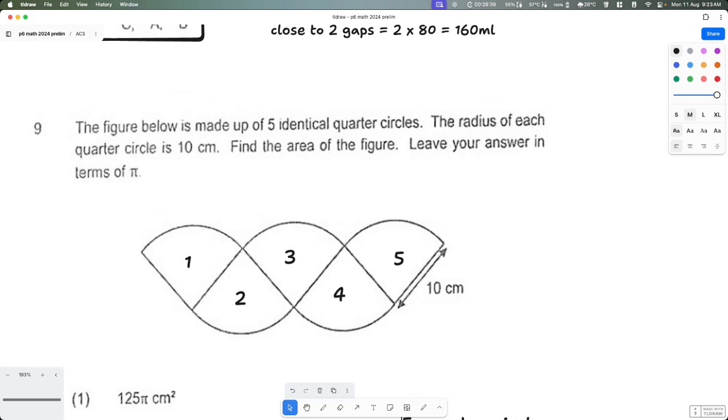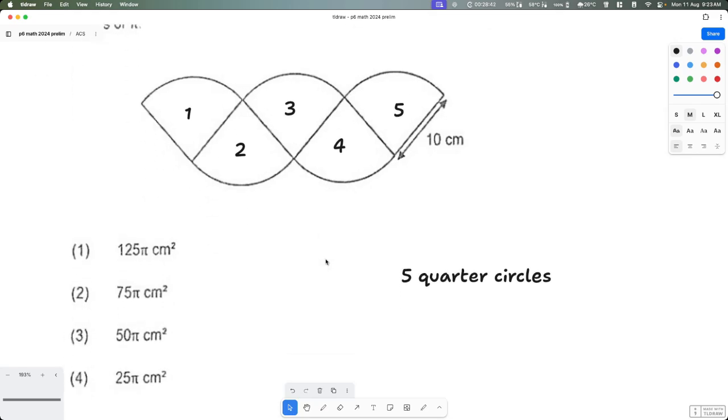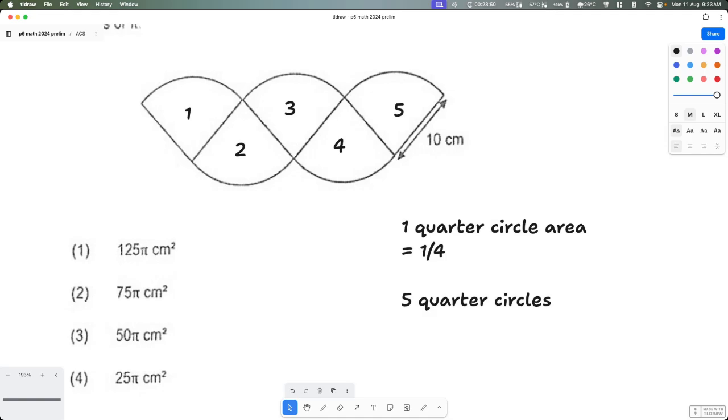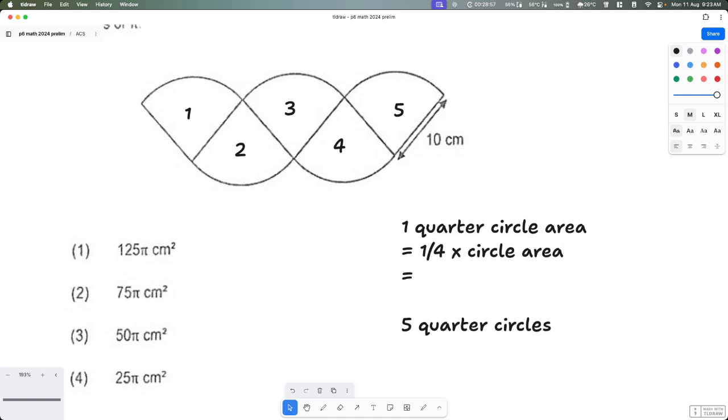So let's find 1/4 circle area, right? So 1/4 circle area is equal to 1/4 multiplied by the circle area, which is basically 1/4 times pi r square. So pi times radius times radius, or pi r square.